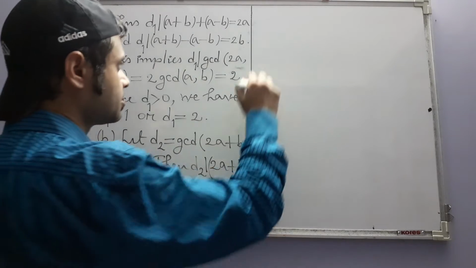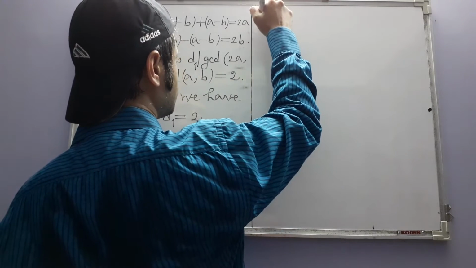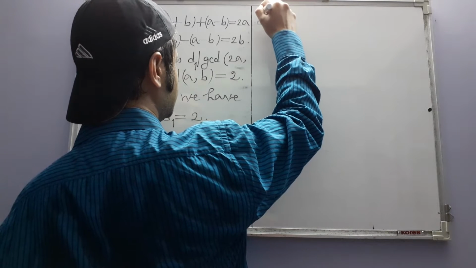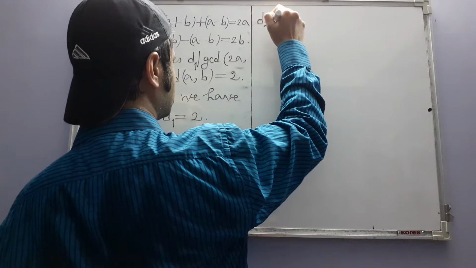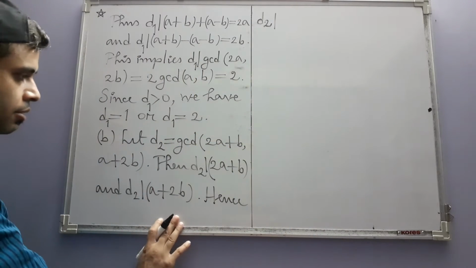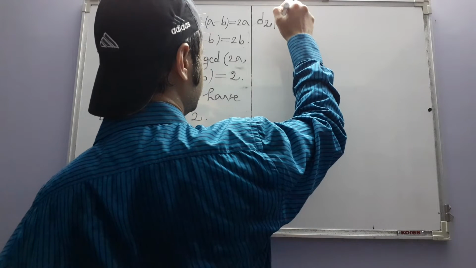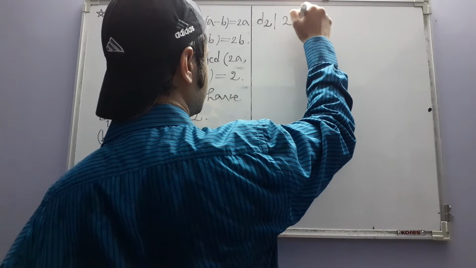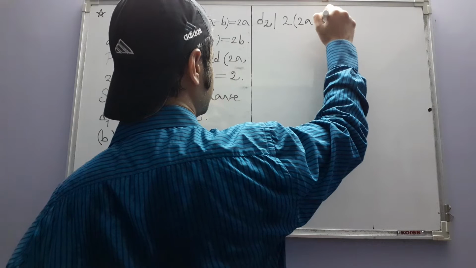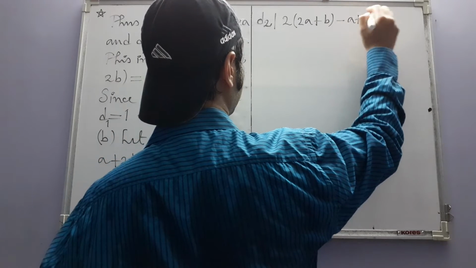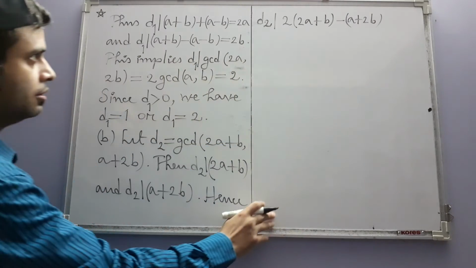See, like this. Hence, D2, do I already need ink? No. 2 times 2a plus b minus a plus 2b.